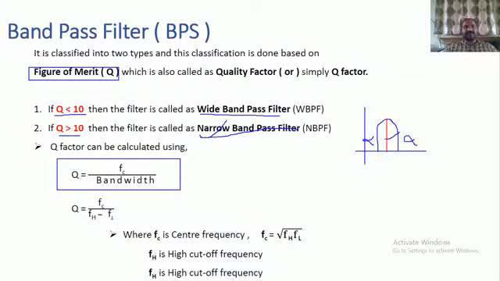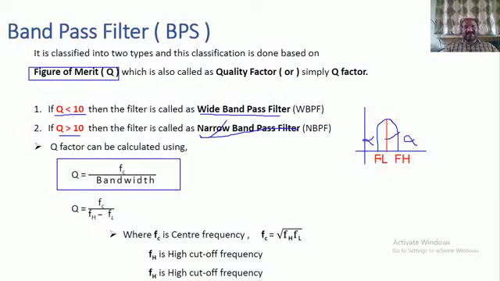Bandwidth is the difference between the low cutoff frequency and the high cutoff frequency. Here I am assuming the first frequency component as FL. Sorry, I can't show this as a subscript, so just take it as F suffix L only, and this is FH.